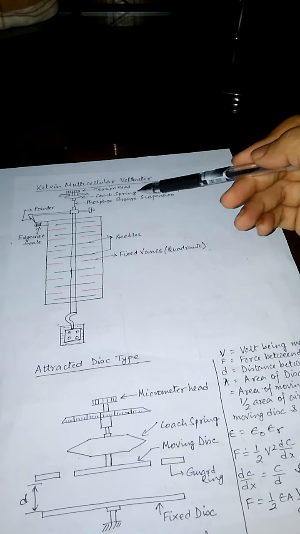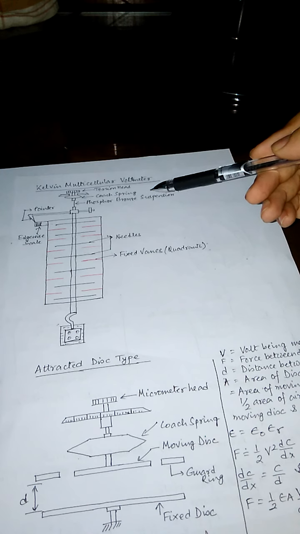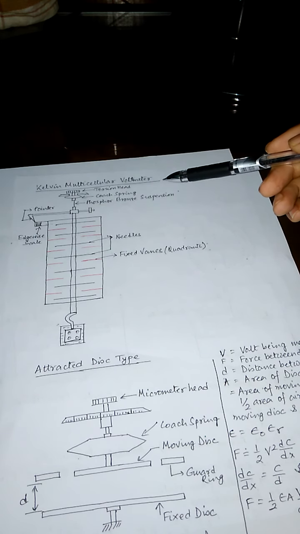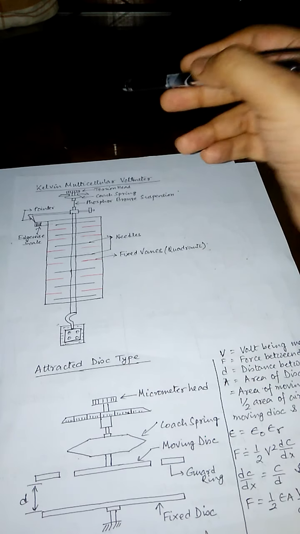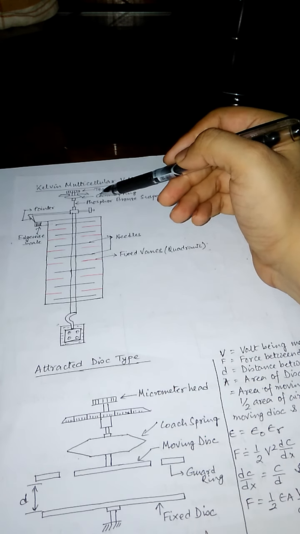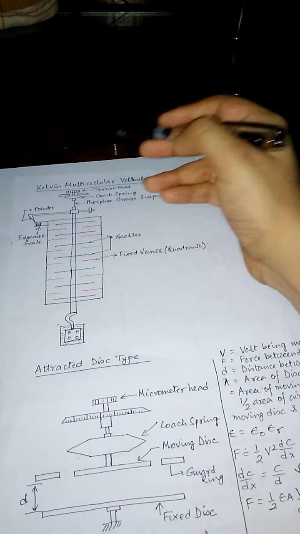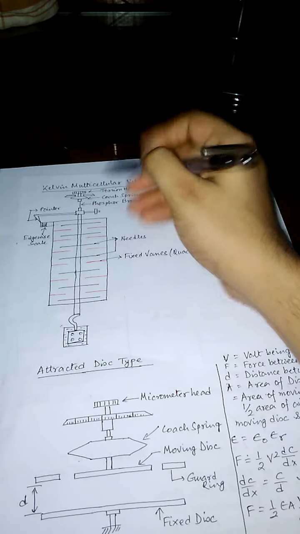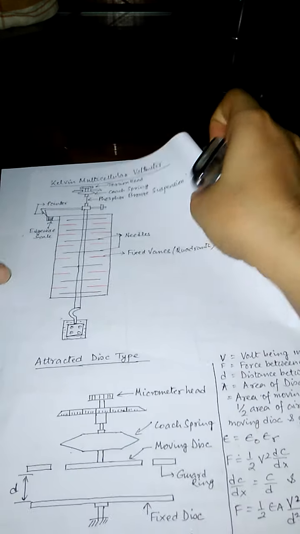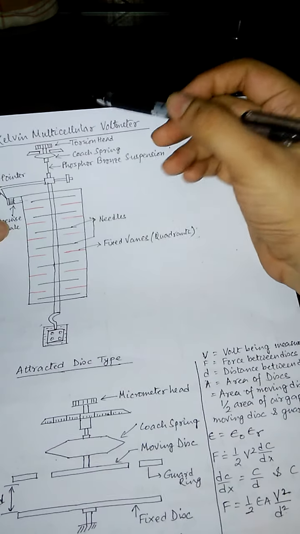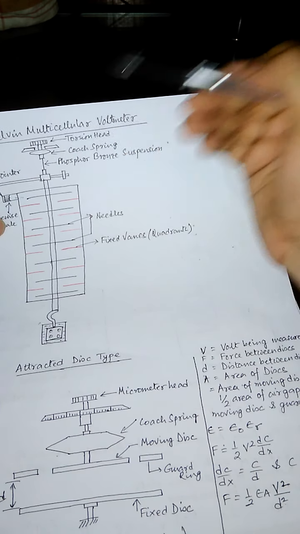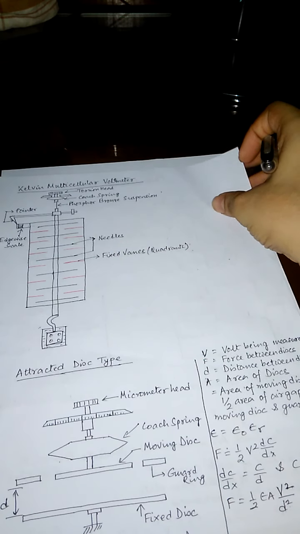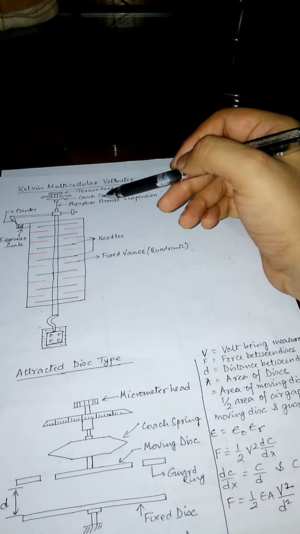We have used the phosphor bronze suspension to reduce the bearing friction. Another thing is that a coach spring is provided. You can see that this is a coach spring, and here a torsion head is attached. So what is the function of the coach spring?